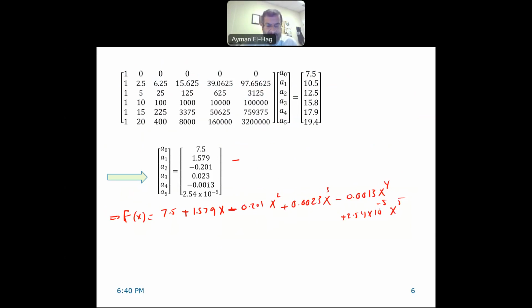Now you noticed here in this formula that as you increase the order of the polynomial, the coefficients get less and less. And you see that because the function can be approximated by a linear function, maximum by a second order. So all these terms don't really contribute much to the accuracy of the results.